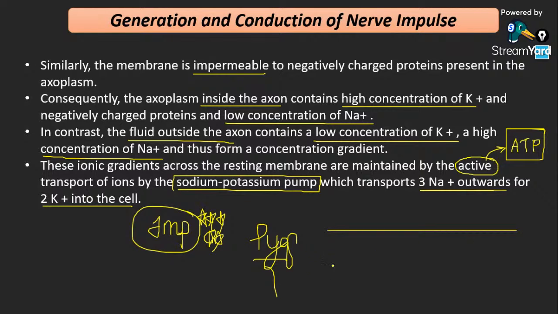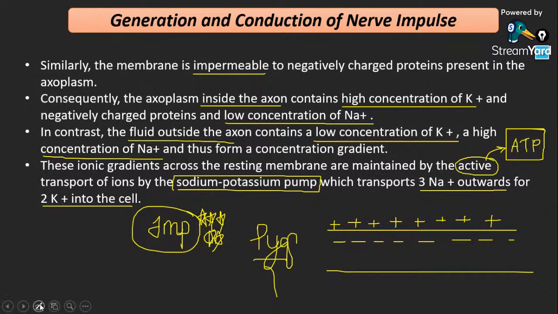So finally, what is actually happening over there? A positive charge is developing outside, in the extracellular fluid, and similarly a negative charge will be created inside. So this negative charge will contribute to a potential of minus 70 millivolt, which is referred to as the resting membrane potential.